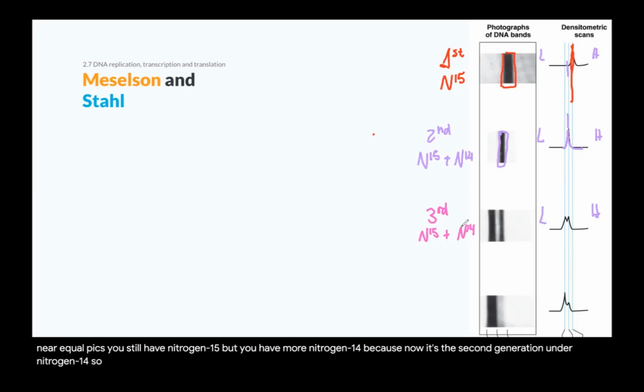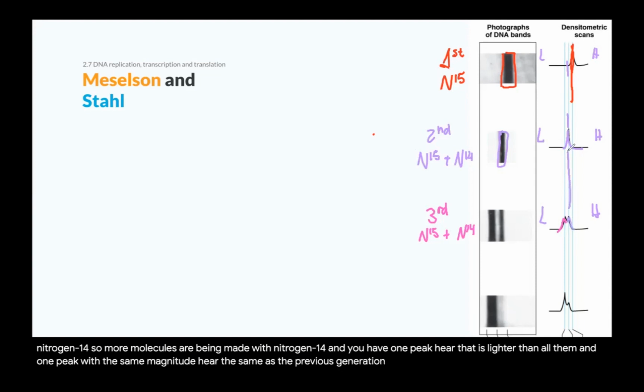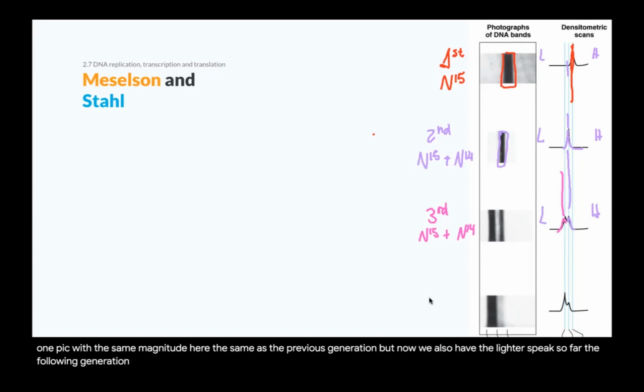So more molecules are being made with nitrogen 14, and you have one peak here that is lighter than all of them, and one peak with the same magnitude here, the same as the previous generation. But now we also have the lightest peak so far. The following, fourth generation, has two bands.